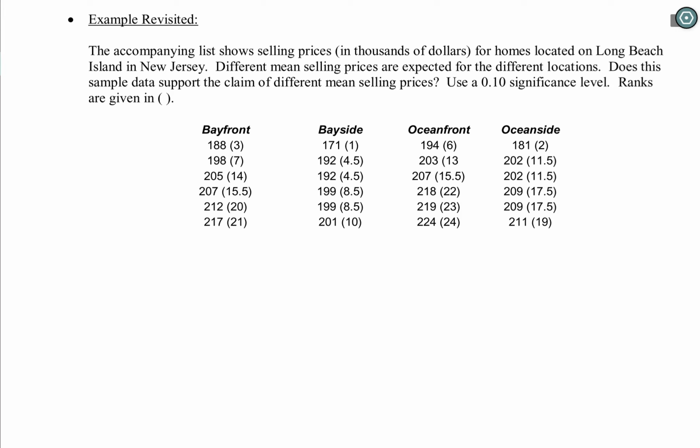Okay, so coming back to the location example, same data. The thing that's a little different in the way it presents here is I've got the ranks. I've already ranked the data, and that's what's in the parentheses.